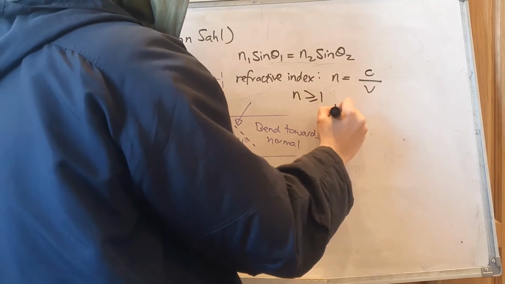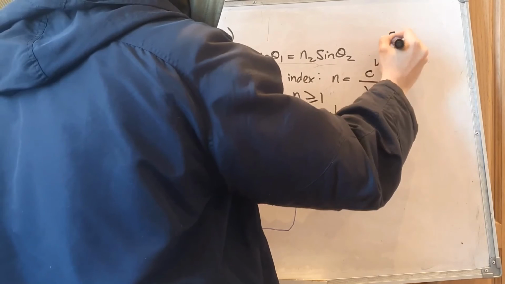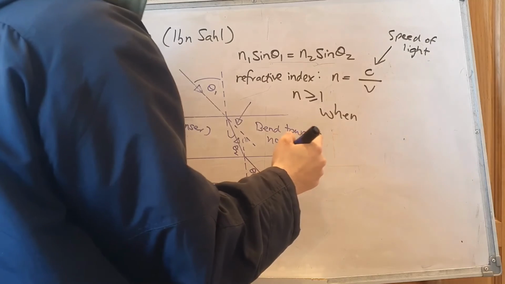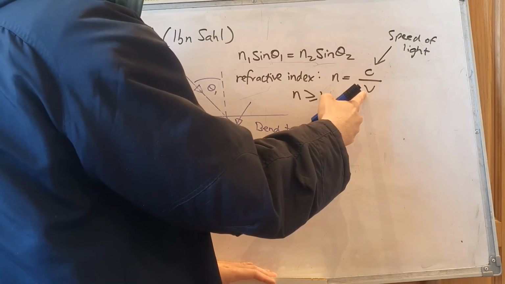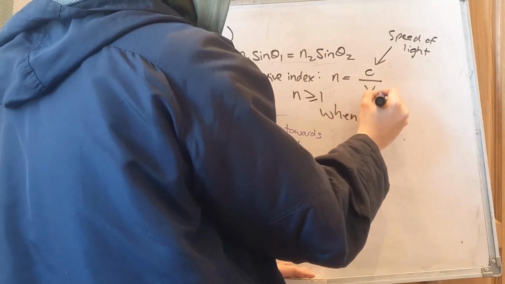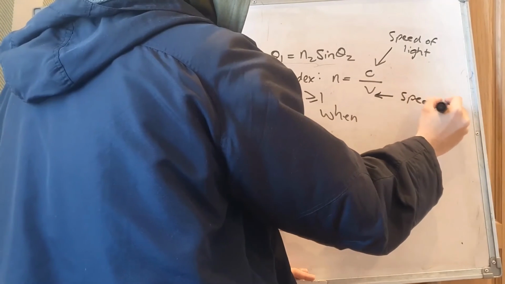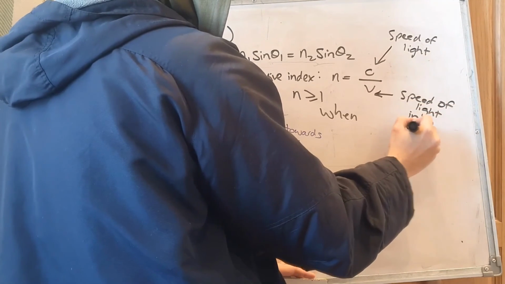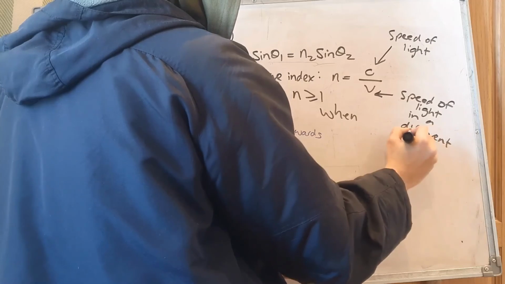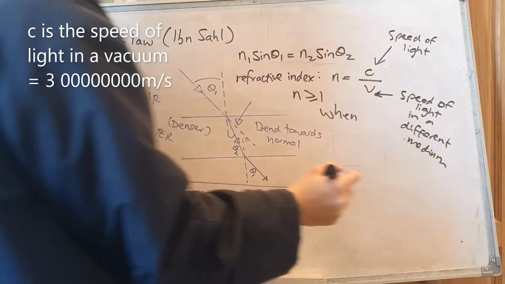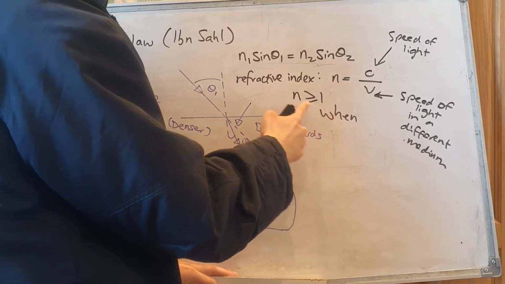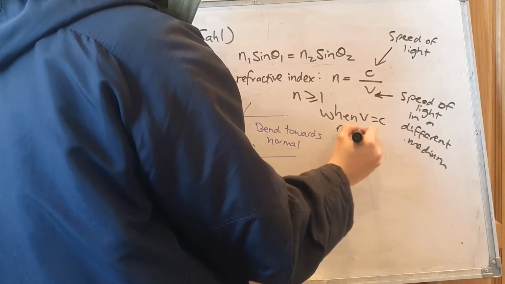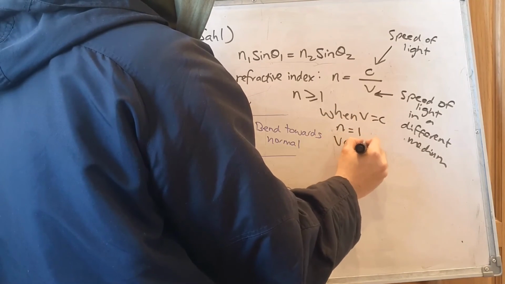Here c is the speed of light, and v is the speed of light in that medium, a different medium. So when v is equal to c, you get n equal to 1. That is for a vacuum.